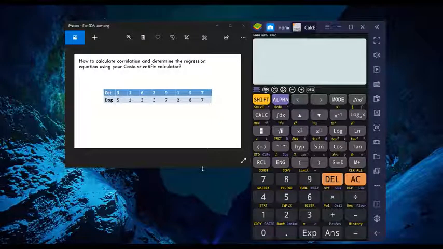That is not my problem anymore because you have your calculator with you. I really expect that you know how to use your calculator well. Anyway, let's go on.